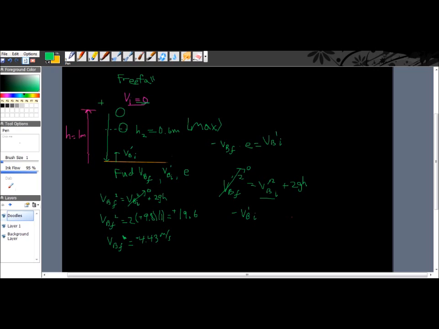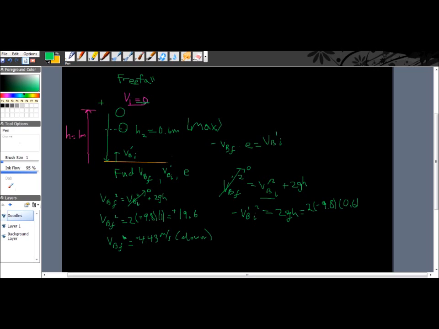So minus VB prime initial squared equals 2gh, which is equal to 2 times negative 9.8 times 0.6. Remember why it's negative: this is down.